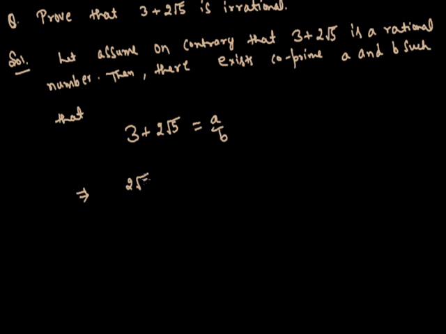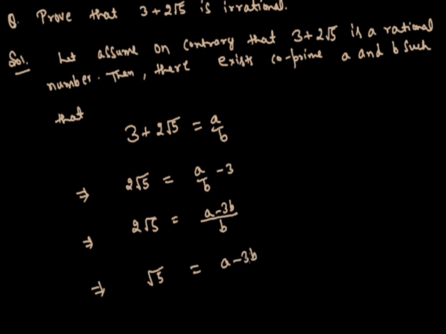So 2 root 5 is equal to a upon b minus 3, or 2 root 5 equals a minus 3b upon b. Therefore root 5 is equal to a minus 3b upon 2b.